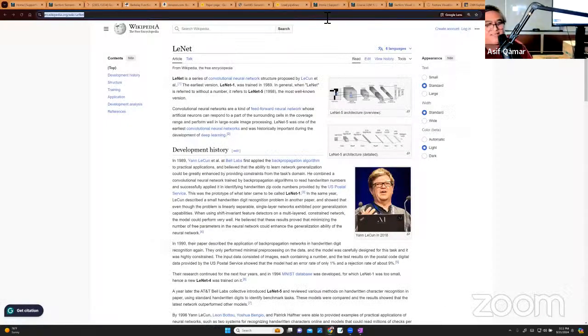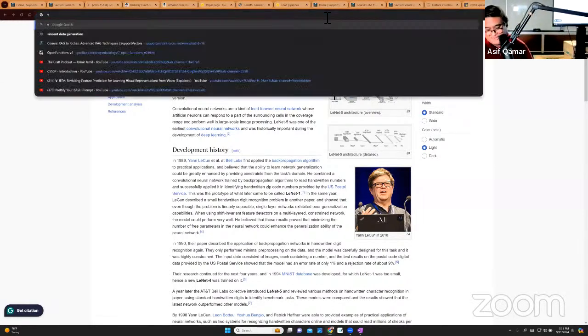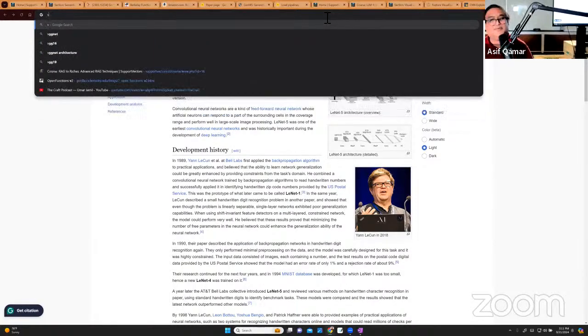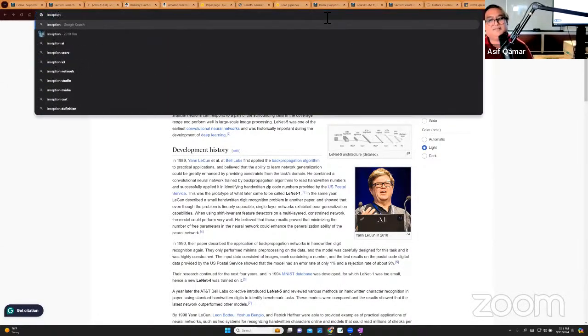Let's compare it to the other end of the spectrum. What does a VGG net look like? Not VGG, Inception V4 architecture.